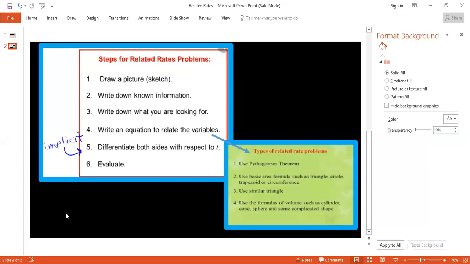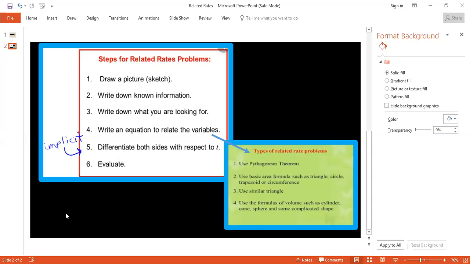In this part, you're going to look for different kinds of equations that you know apply to the problem. So if, after you drew your picture, it looks like a triangle, and it's got to do with a ladder on a wall sliding, or something with a triangle on a wall, you're starting to think, okay, Pythagorean theorem. You might have a cylinder.